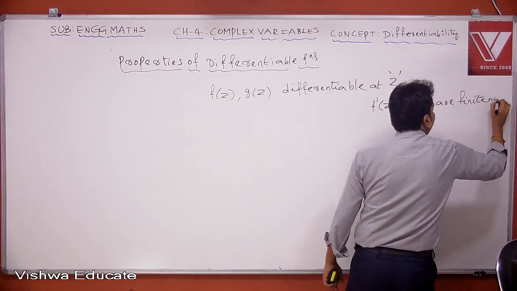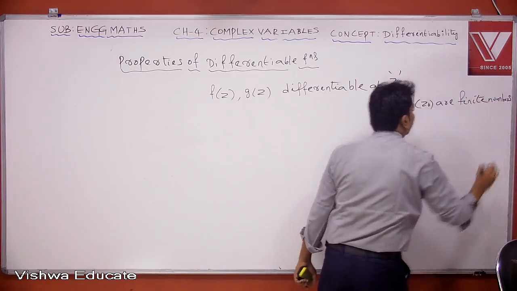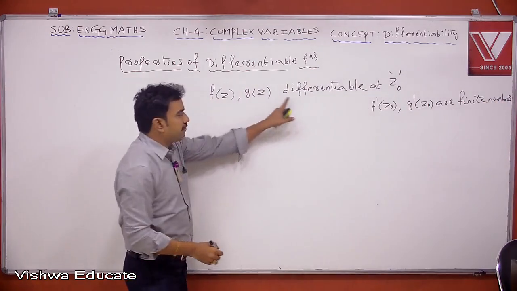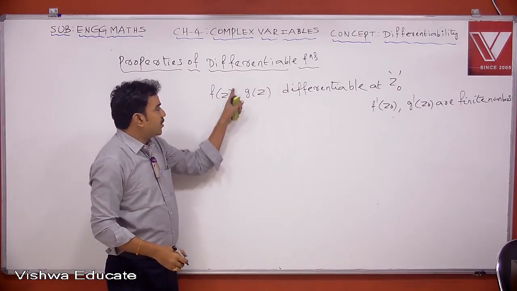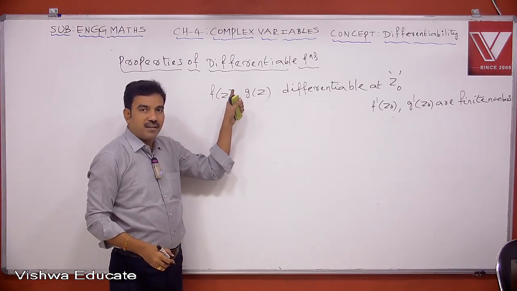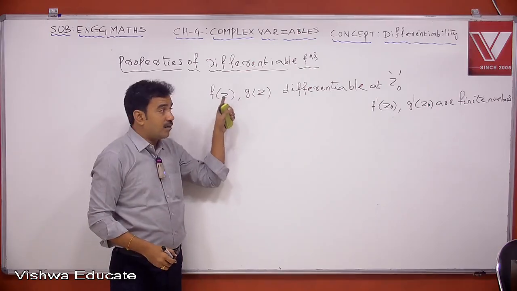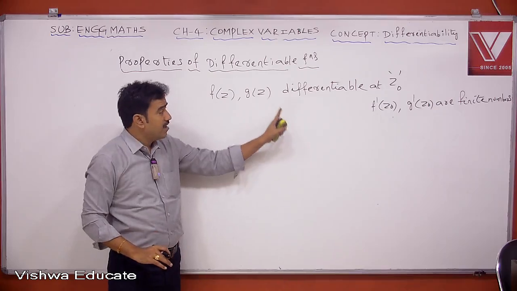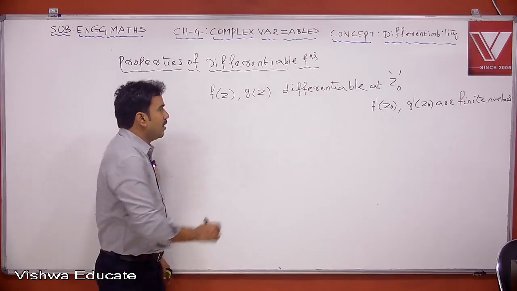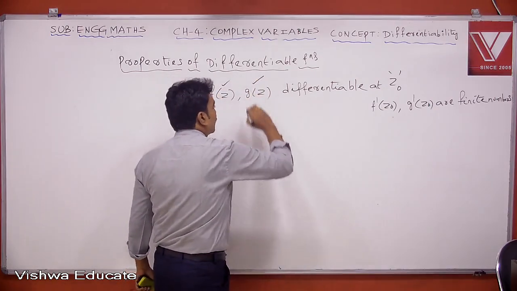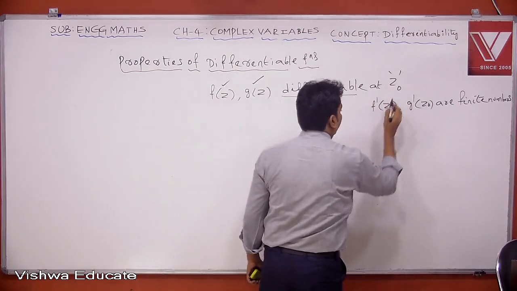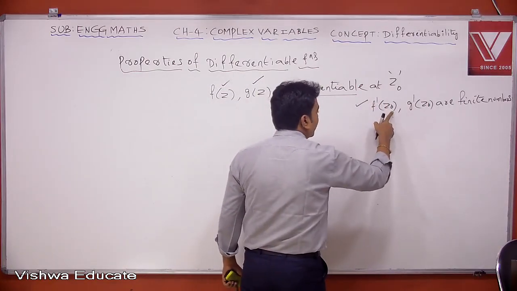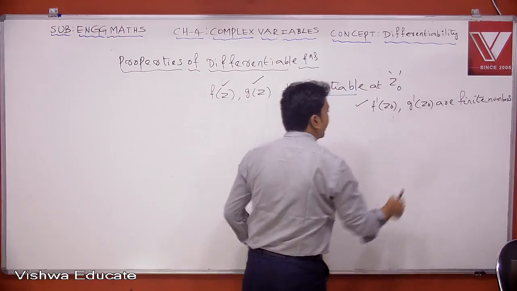F of z is differentiable at z0. That means when you find the derivative of f of z, and when z is replaced by z0, the quantity is a finite number. It can be real or complex, no issues. The same case with g of z also. So f of z and g of z both are differentiable at a point z0. That means f dash of z0 and g dash of z0 are finite numbers.